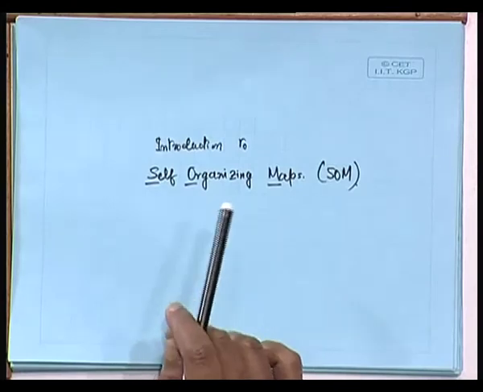Essentially we are talking in terms of a lattice of output neurons, which can be arranged as a one-dimensional lattice, a two-dimensional lattice, or even a higher dimensional lattice space. The neurons will be organized. Although for all practical applications we normally make use of one-dimensional and two-dimensional lattices, and higher dimensional lattices are not that popular because of the complexity that is brought about.